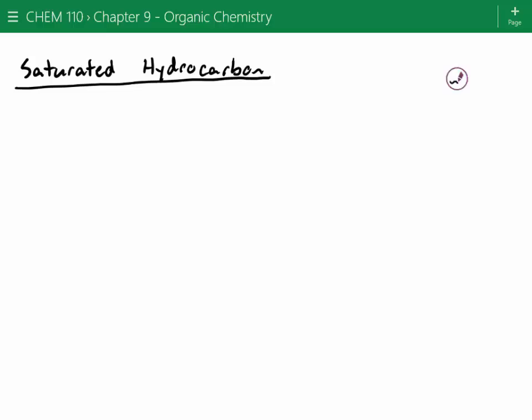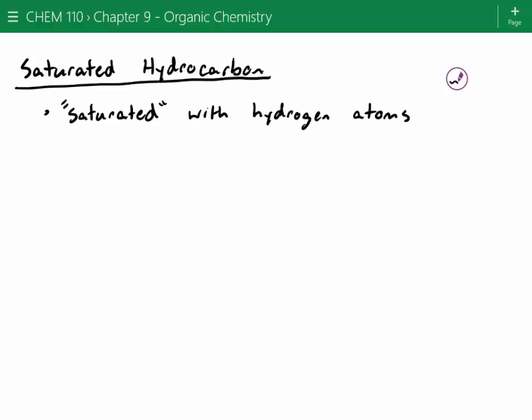So a saturated hydrocarbon is saturated with hydrogen atoms. And so are these going to be alkanes, alkenes, or alkynes?